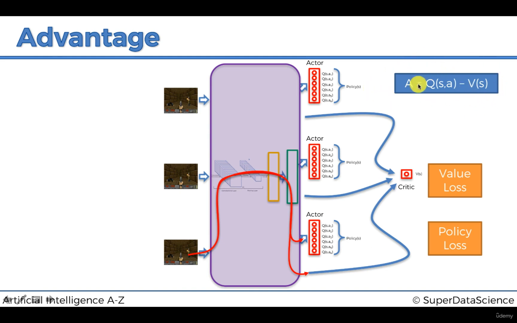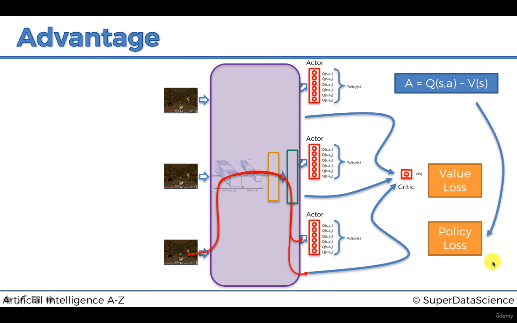And the advantage is calculated as Q of S and A minus V of S. So basically, the Q value of the action that you chose to play in the state S that you were in, minus the value of that state. So this is the difference between the two, and that is called advantage. And the advantage is used in the calculation of the policy loss.